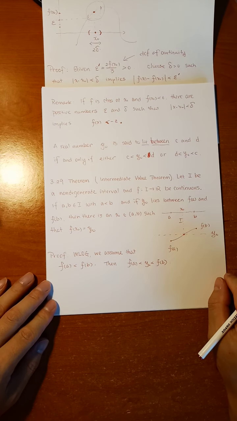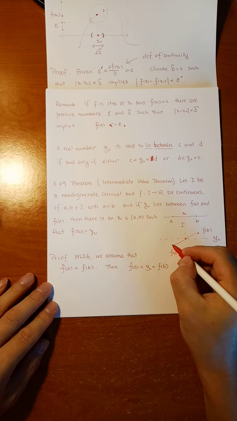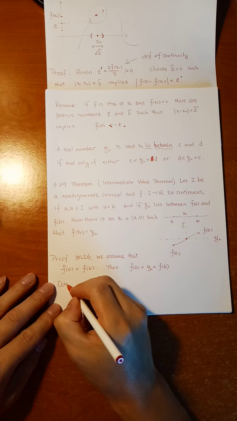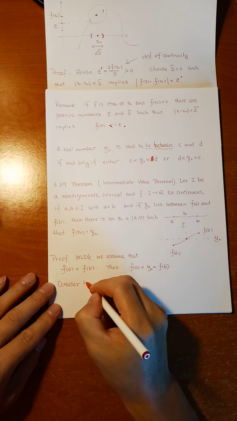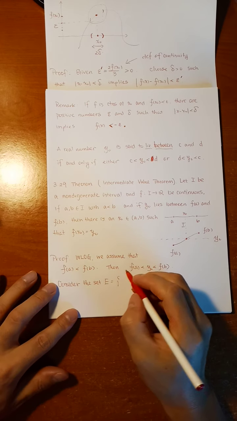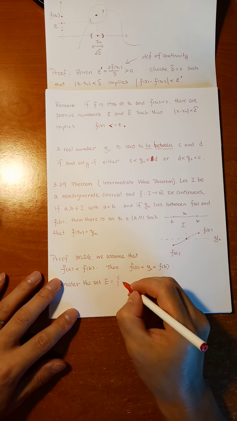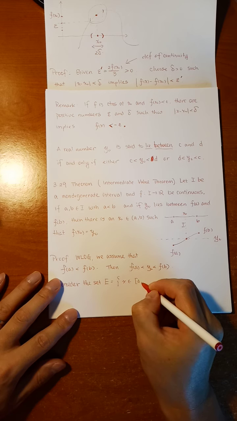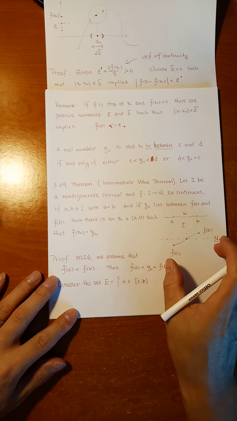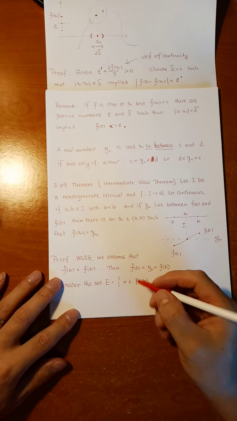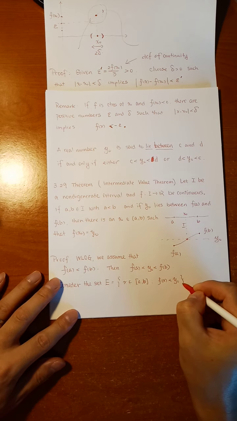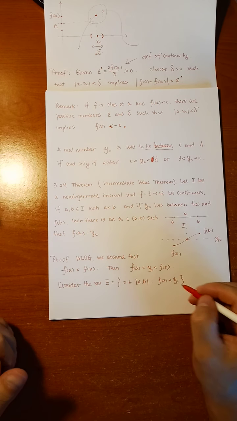Well, this point is lower than y0. Just consider the set E. Set E is the set of points x in the closed interval [a, b], both in I, with the property f(x) strictly less than y0.